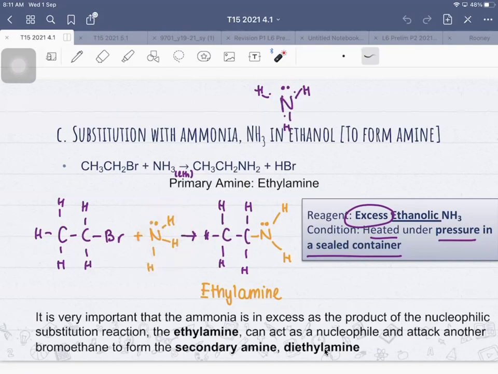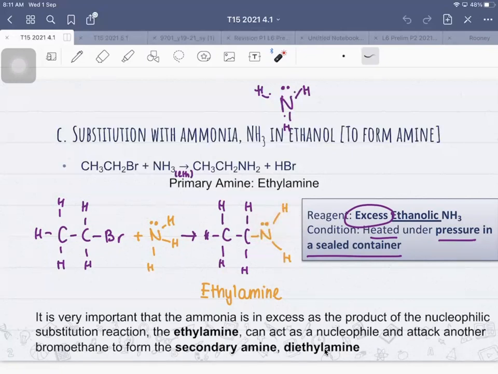Now, the reason why it has to be in excess is because the product of the reaction is an amine, specifically called ethylamine. The ethylamine has a lone pair of electrons on that nitrogen, and this lone pair can be donated to attack another halogenoalkane.